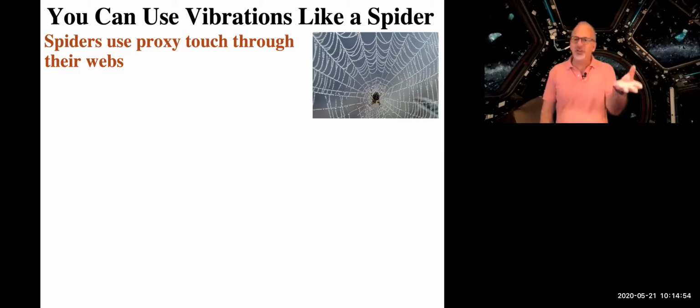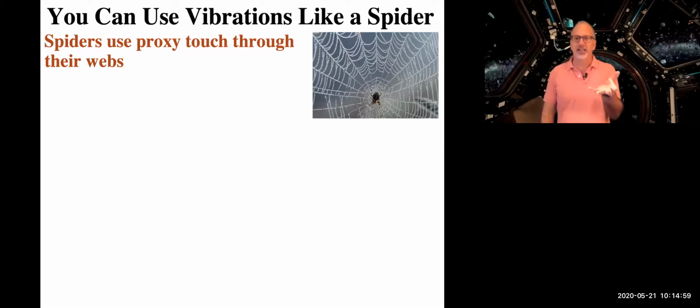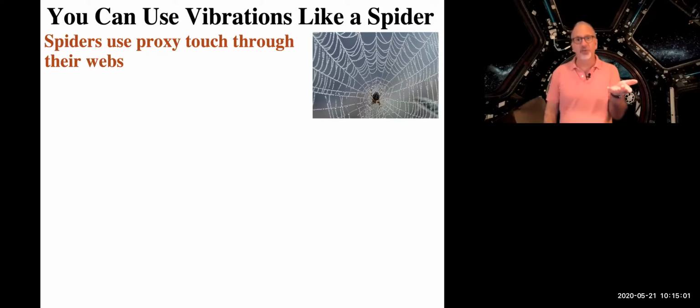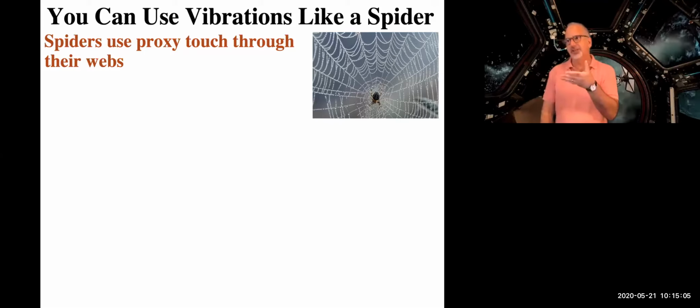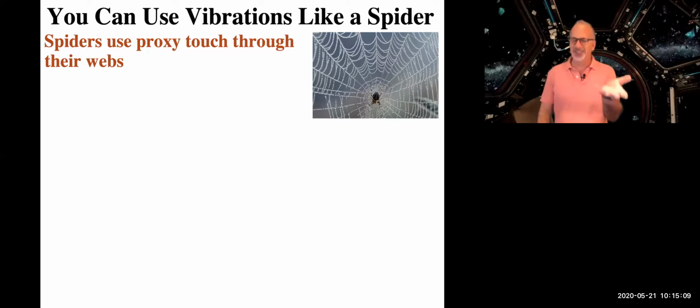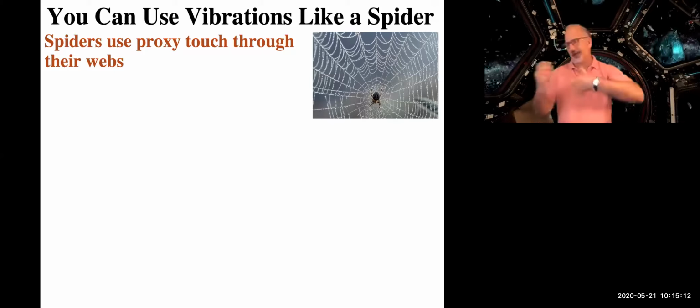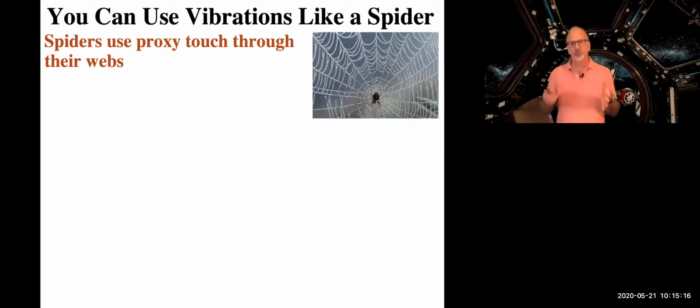But it does more than that. It can tell where the fly is, what the fly is doing, and how big the fly is. Okay, so it can tell all those things. It can tell when it's truly ensnared. It can tell whether it's a fly that's going to be a good hearty meal or just a snack. All these things, and I won't get into the way they test this, but all these things can be felt through touch for the spider.